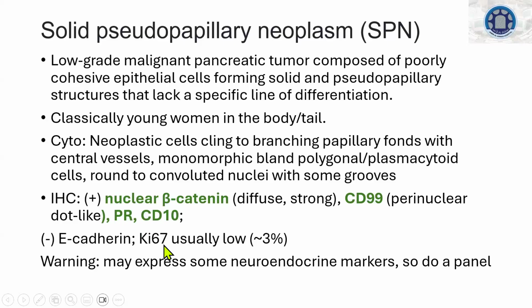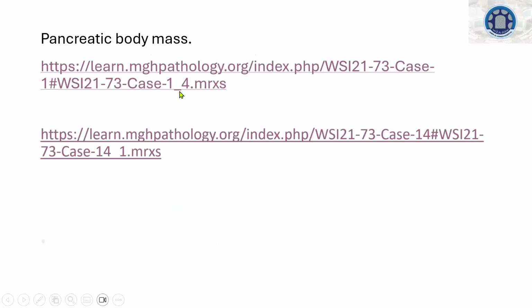CD99, PR, CD10, and Ki-67 is usually low. But one thing is, if you don't see the papillae, you may mistake it for neuroendocrine tumors, and it can express neuroendocrine markers in some cases. That's why, whenever we get these monomorphic appearing cells on pancreatic aspirate, it's better to do a panel of immuno.